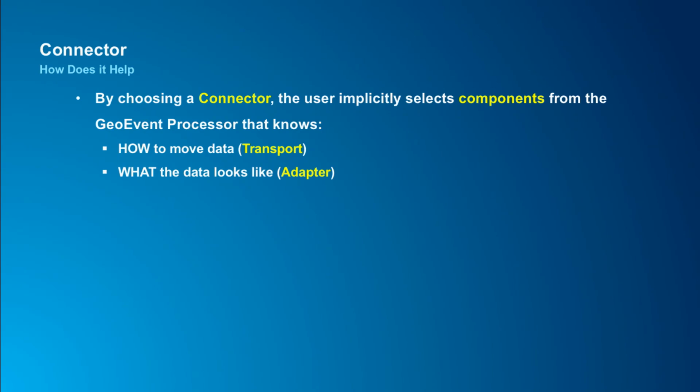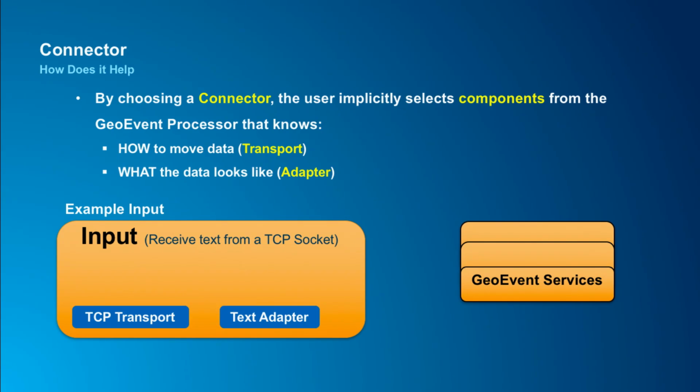So here is an example of an input. It is created with a connector which specifies a TCP transport and a text adapter. So the input uses these components by starting the transport. And while the transport is running, it will produce a stream of bytes, which the input then passes to the adapter for parsing.